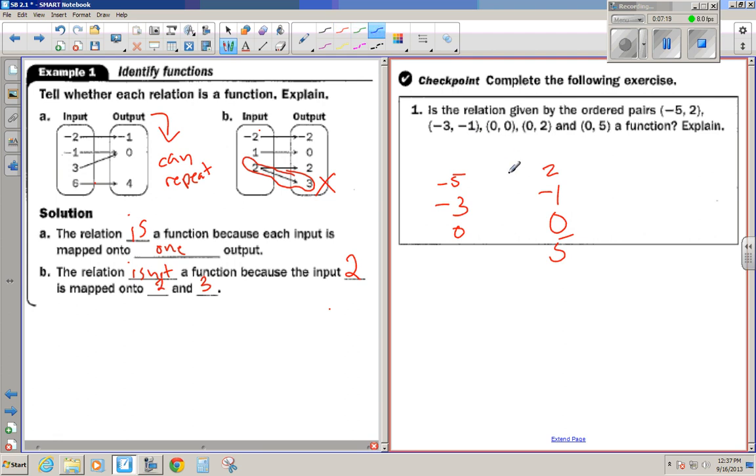Let's talk about this. Negative 5 goes to 2. Negative 3 goes to negative 1. 0 goes to 0. 0 goes to 2. 0 goes to 5. And you should see that since 0 has 3 different possible outcomes, this is not a function.